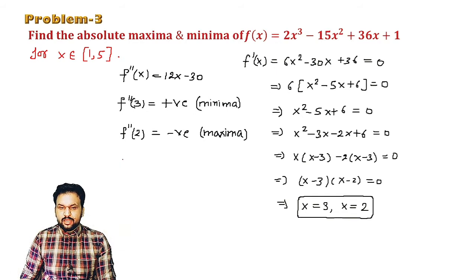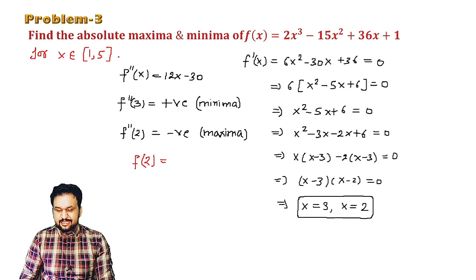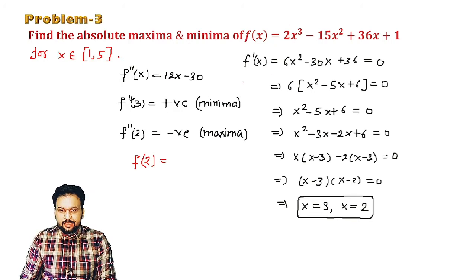You need to find some values. Like first of all, I will calculate the value of the function at f of 2. If you replace the value, that is f of 2, you can see what it becomes. At f of 2 it becomes 29. You can calculate easily. I'm just writing directly here 29. Similarly, if you replace f of 3, my dear friends, you got a value that will be 20.